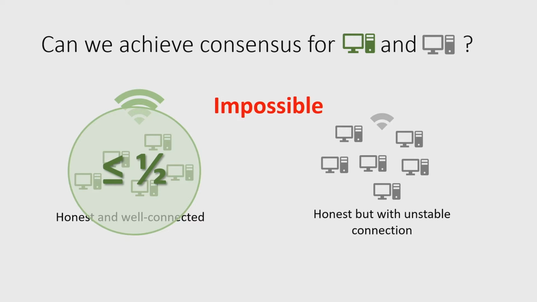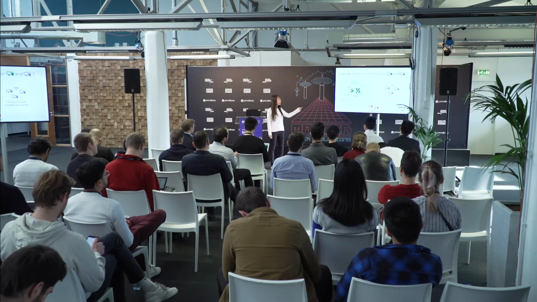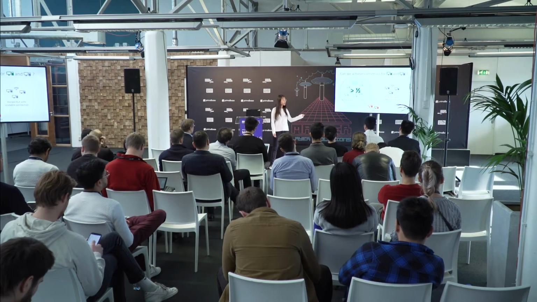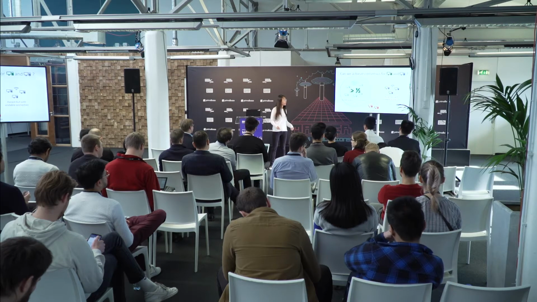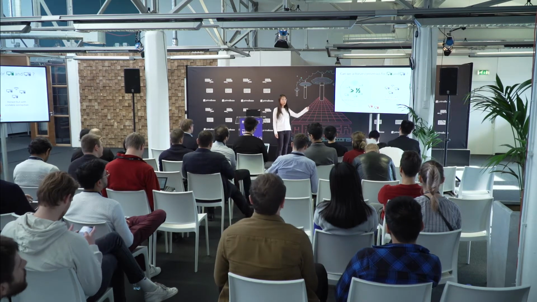So how can they reach the same consensus if I only have two small partitions? But if the network condition is better, if more than half of the nodes are well connected and messages between them can be delivered very quickly, we can actually guarantee consensus between these green nodes and the gray nodes.